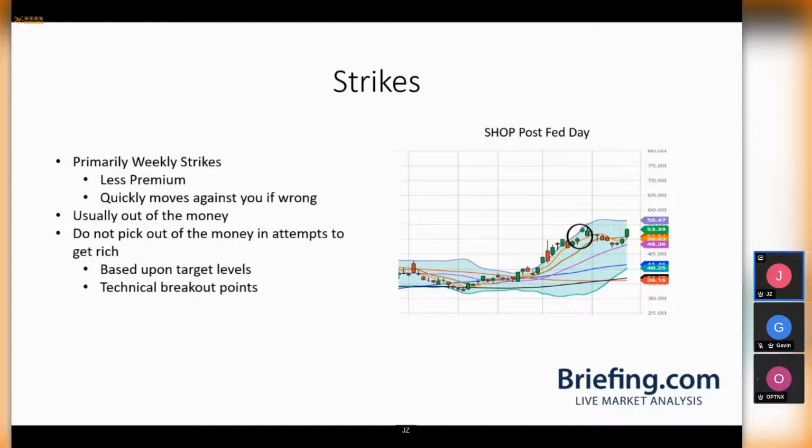So, if you're going to be in a particular trade and maybe you're only in it for 5, 10, 15 minutes because you're looking for that quick move, I just don't want to pay that extra premium by going out a couple of weeks. Your moves can work in your favor if they go the right way.